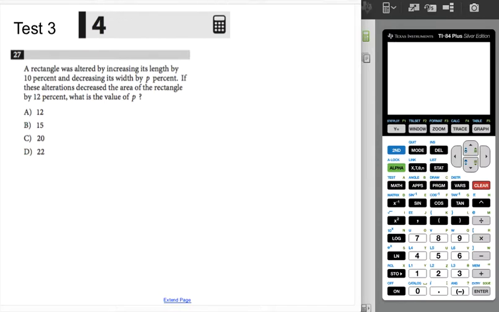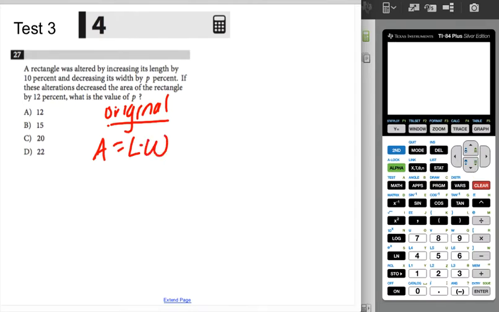All right, so let's look at two different situations here. Let's look at our original, right? So the original rectangle has an area that is length times width, right? The new rectangle, so we'll do area original, and we'll do area new, okay?